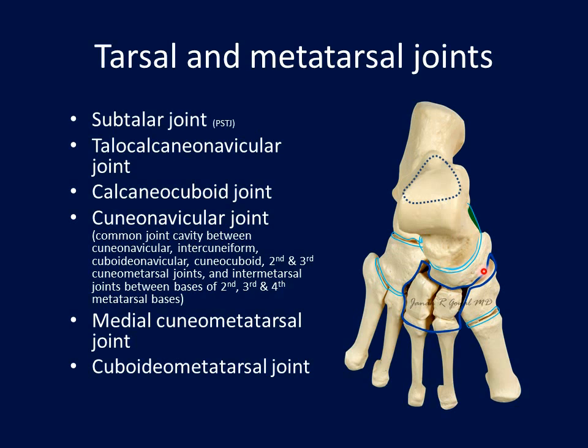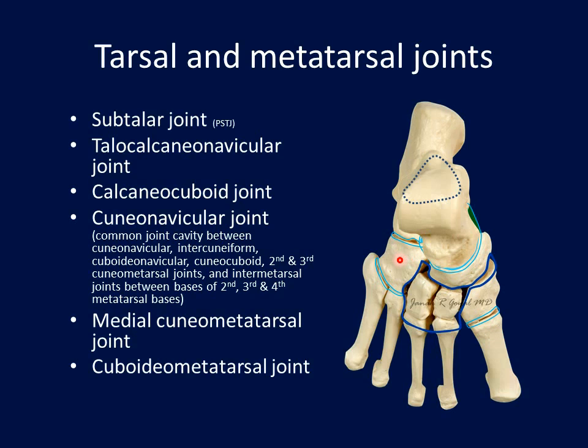The articulation between the navicular and the cuneiform bones, the articulations between the cuneiforms, the articulations between the lateral cuneiform and cuboid, navicular and cuboid, and the tarsometatarsal articulation in the second and third tarsometatarsal joints, and the intermetatarsal articulation between the second, third, and fourth metatarsals form one continuous joint cavity called the cuneonavicular joint.